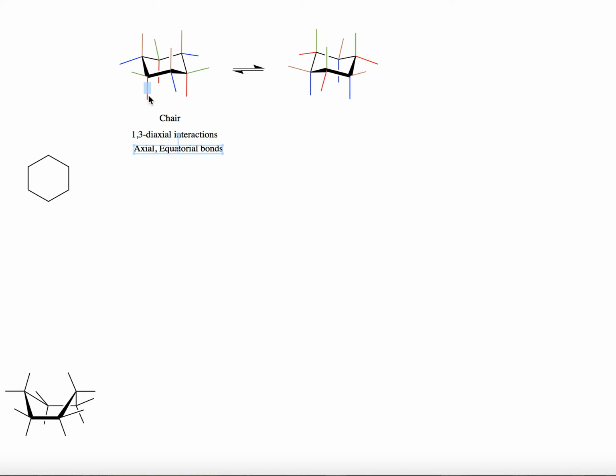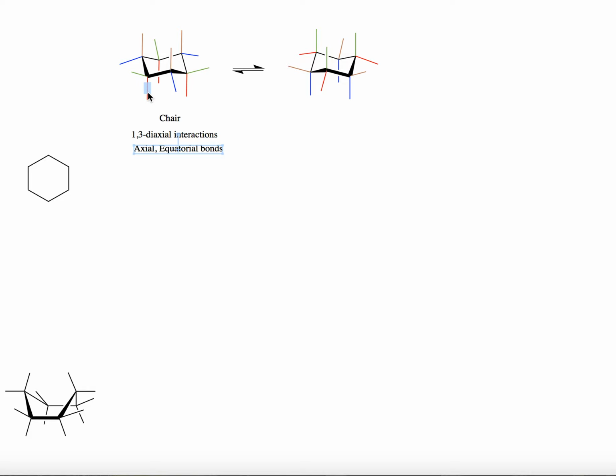And the same happens to the equatorial bonds. In the head of the chair, you can see how the equatorial is pointing down. So the angle is across, the plane is across this. Therefore, in the next carbon, equatorial must be pointing up, so above the plane, that's what I mean. Remember, the angle here is close to 109.5.